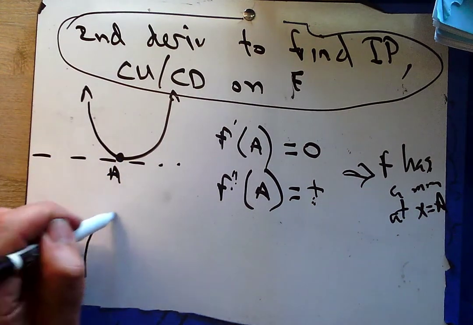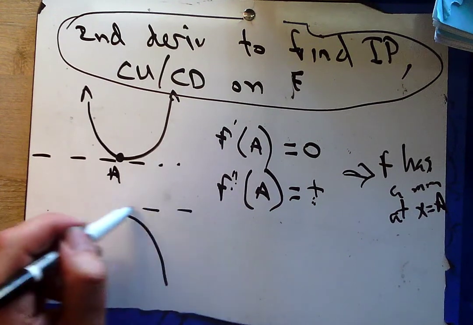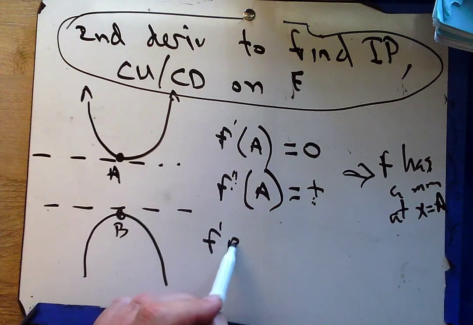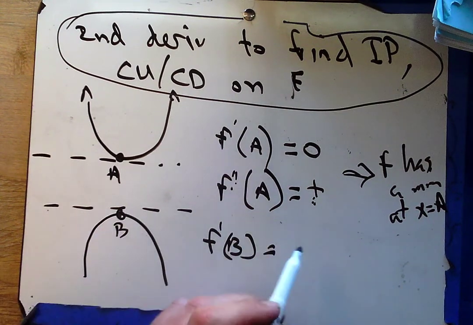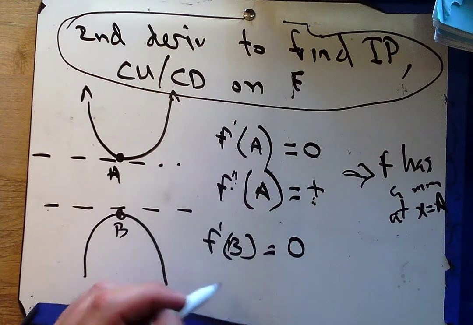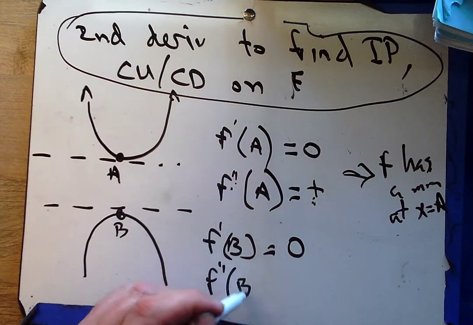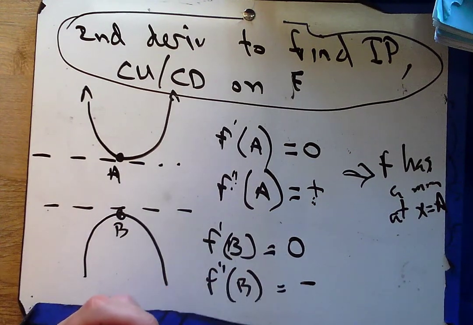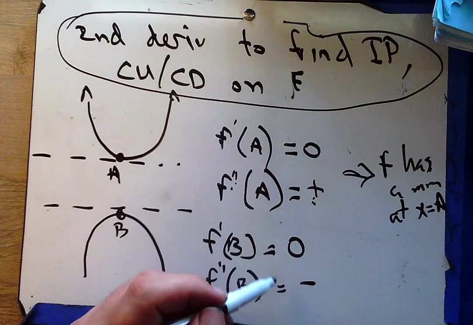So what about this case? I know f prime of b, the slope at b is 0. But what about f double prime at that same point? Yeah, it's concave down, so that means f double prime is negative. Now let's go backwards.